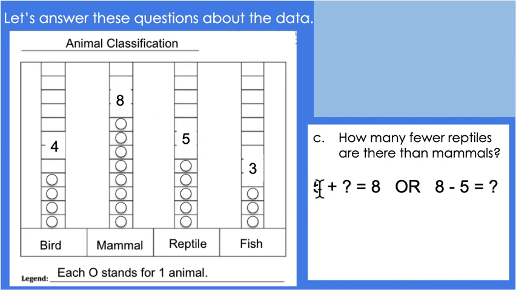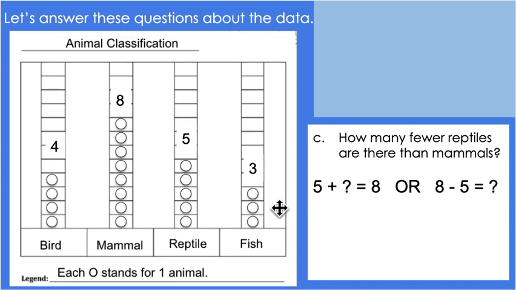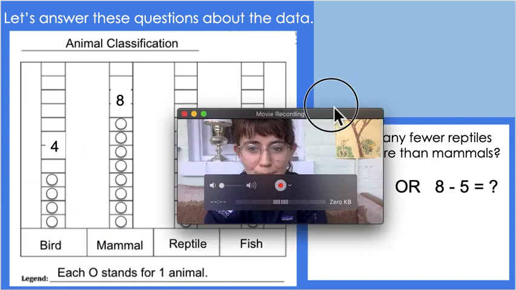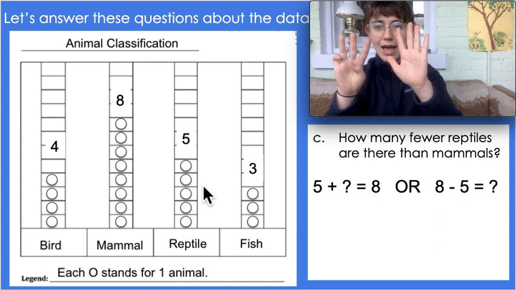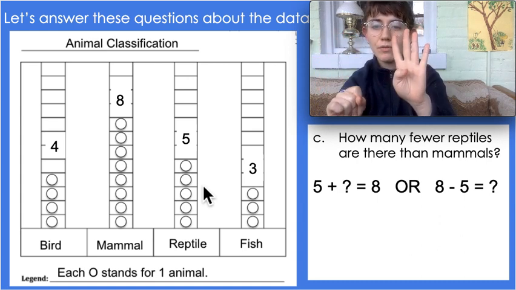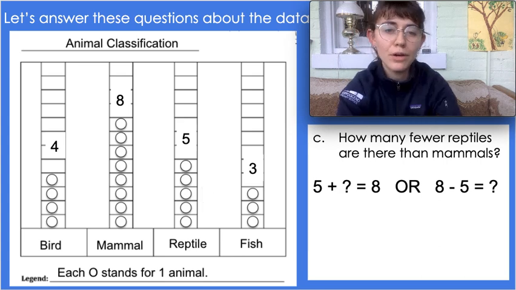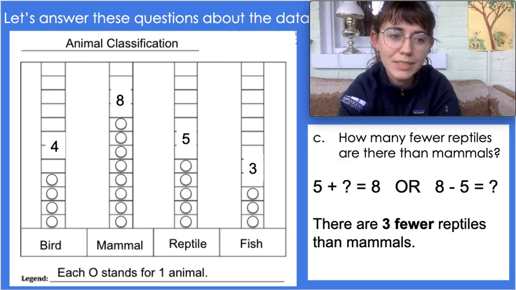Or you could do counting on. 5 plus something equals 8. So I have 8, and then I'm going to subtract 5 from that. So I could just hold up 8 fingers right here and subtract 5. So 1, 2, 3, 4, 5. That means I have 3 left over. So there are 3 fewer reptiles than mammals.